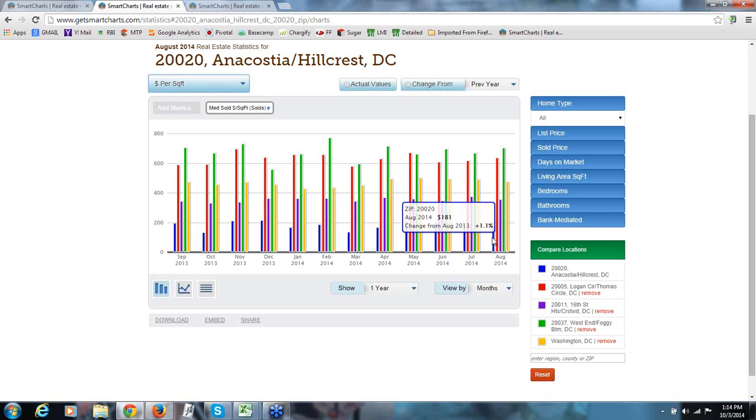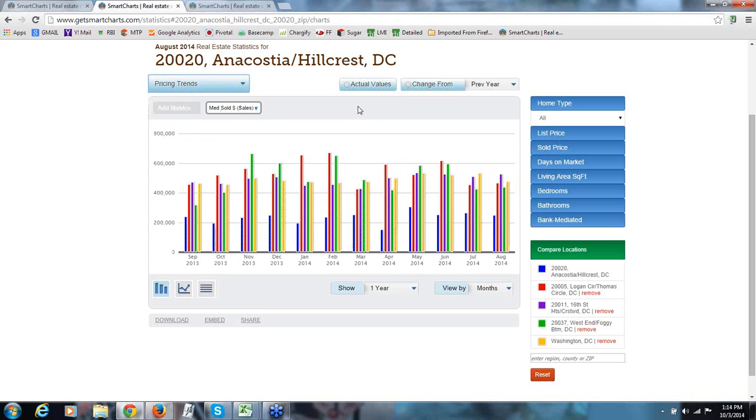So low prices are most likely the main driver of price appreciation in this particular zip code, more so than supply and demand dynamics. I can switch this over to median sold price, and we can see the median sold price in this zip code is, granted it's 23.4% above last August, still at 247.4, which is much lower than the district, which is at 475.